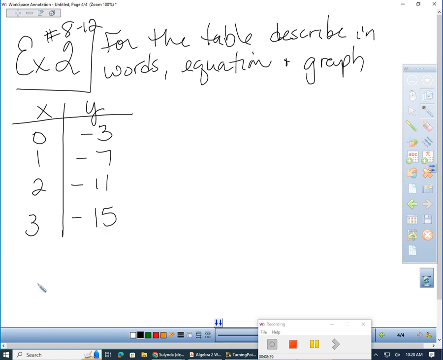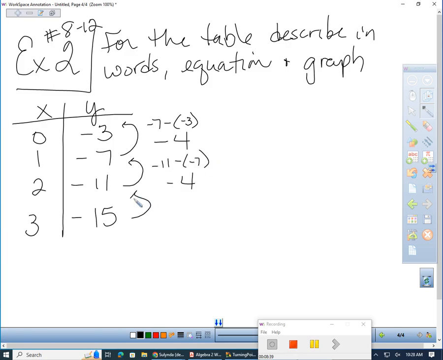All right, so first of all, I made this one a little bit trickier. We got to find out if it's linear in order to figure out if it's increasing steadily, right, or decreasing. So we go -7 minus -3. What do we get? -4. Very good. -11 minus -7. Good. -4.